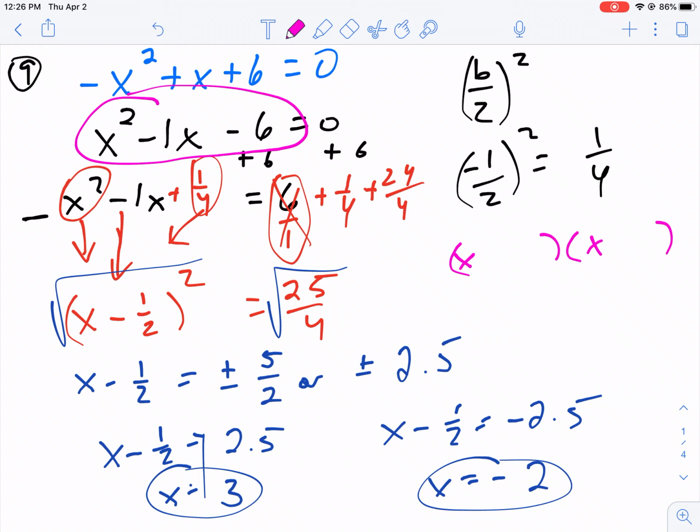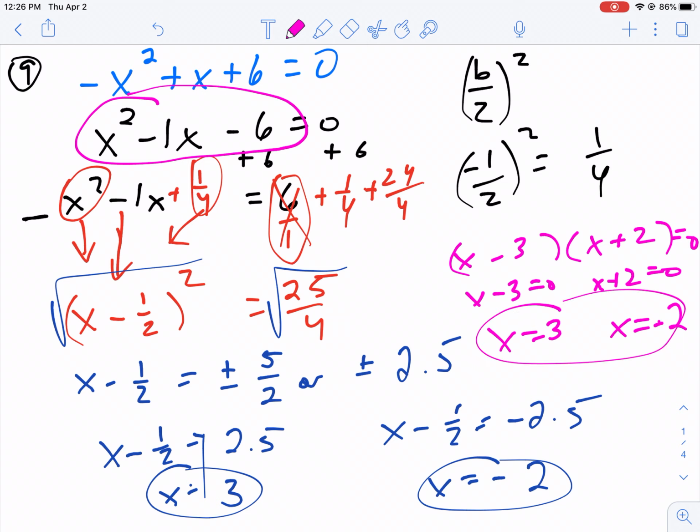It's going to be a negative 3 and plus 2. And then when we solve this, x minus 3 equals 0, x plus 2 equals 0, x equals 3, x equals negative 2. So you get the same answer, it's just a different way of doing that. But that's how we're going to have to solve completing the square with fractions.